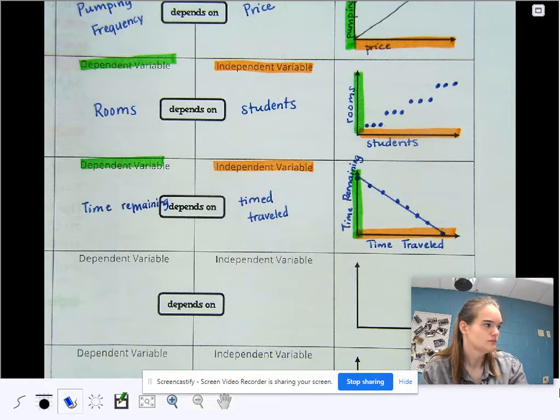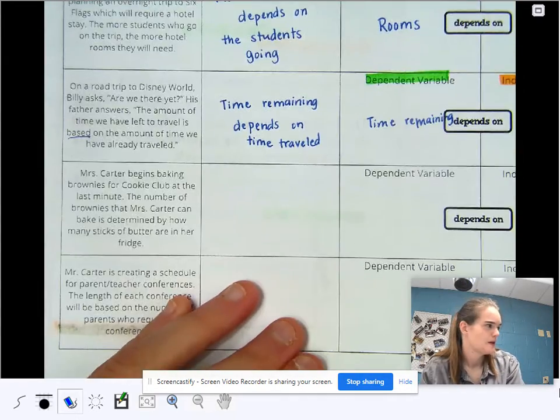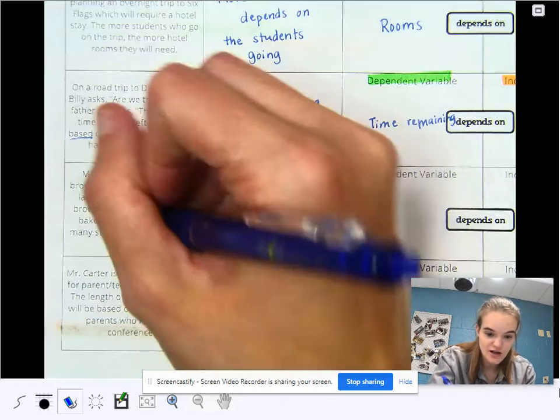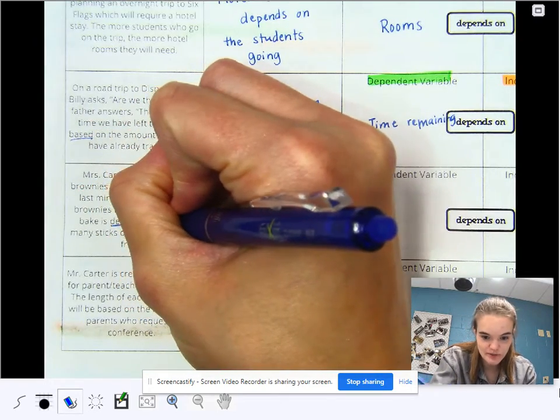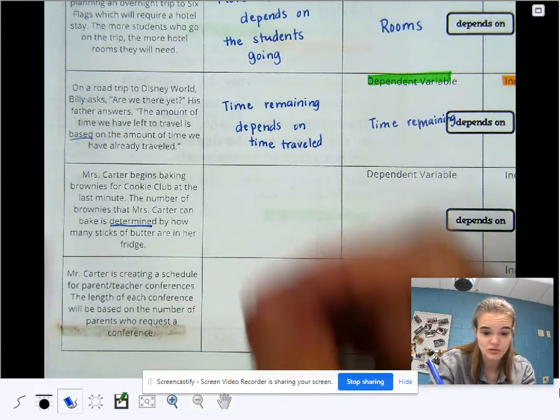Okay? Let's look at the fourth one. Mrs. Carter begins baking brownies for Cookie Club at the last minute. The number of brownies that Mrs. Carter can bake is determined by how many sticks of butter are in her fridge. Here's another special word I like, determined by. Depends and determined by can be known as the same thing too.